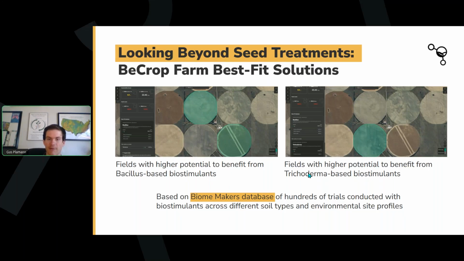And then this field in the bottom left is recommended for trichoderma-based biostimulant, again based on the soil genomic data we just looked at, as well as the environmental data, soil type and things like that. I'm not going to get too deep into this for the sake of time, and this will be a topic that we'll touch on in upcoming Biomakers webinars to go through some of the other ways that BeCrop can be used to place products and inputs.